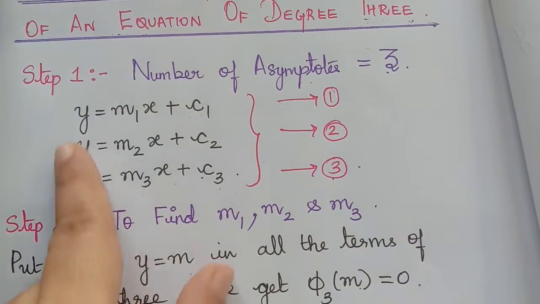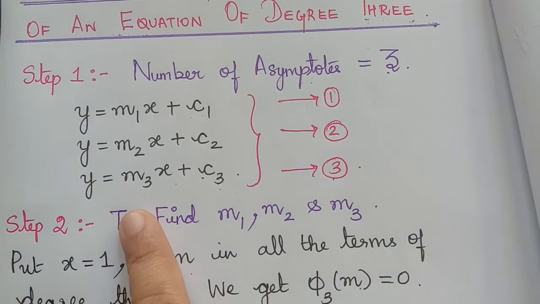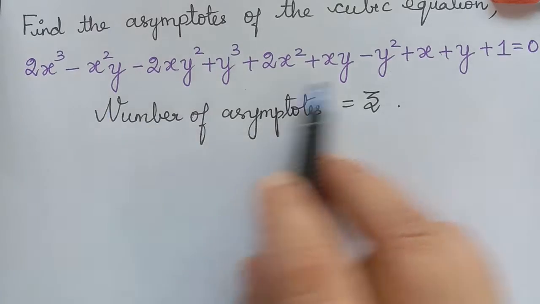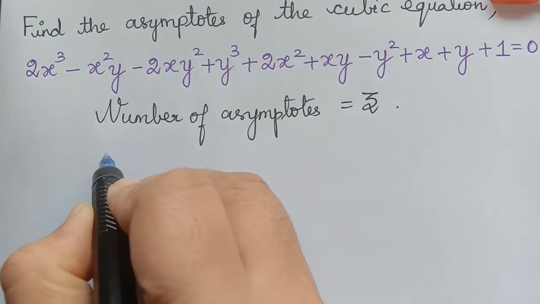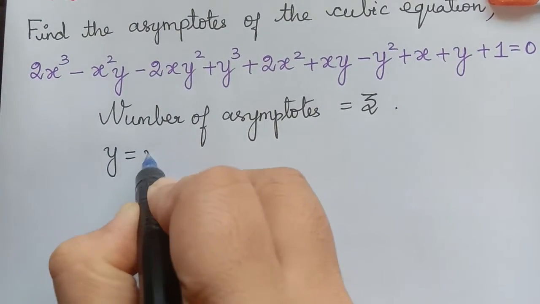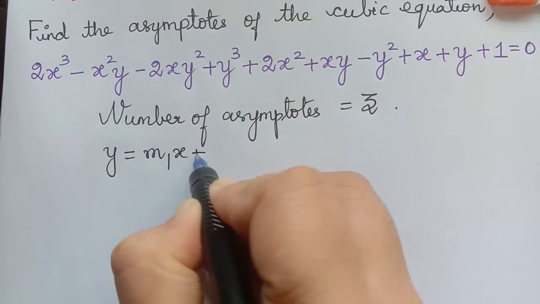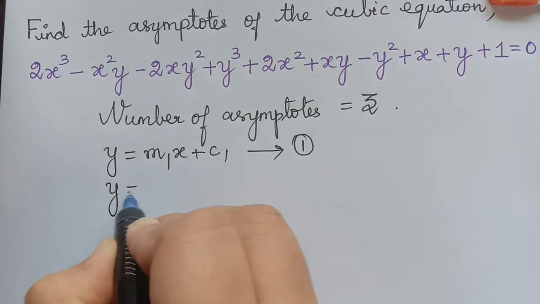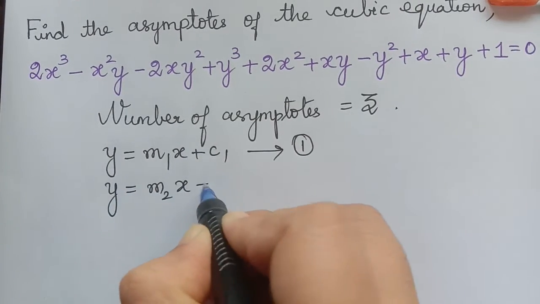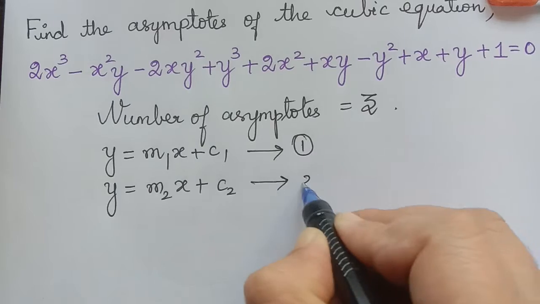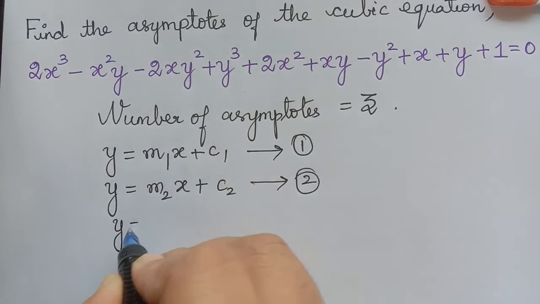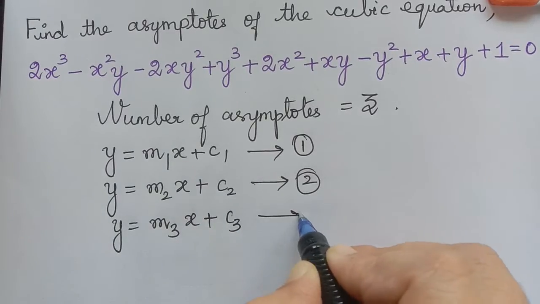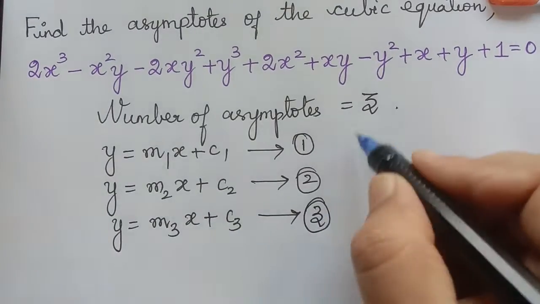So the first equation will be y is equal to m1x plus c1. The second equation of the asymptote will be y equal to m2x plus c2. And the third equation will be y equal to m3x plus c3. So we have taken the 3 asymptotes.